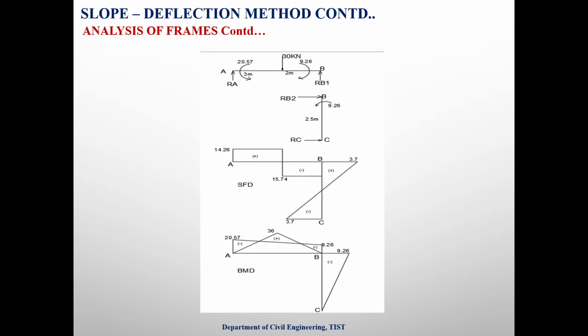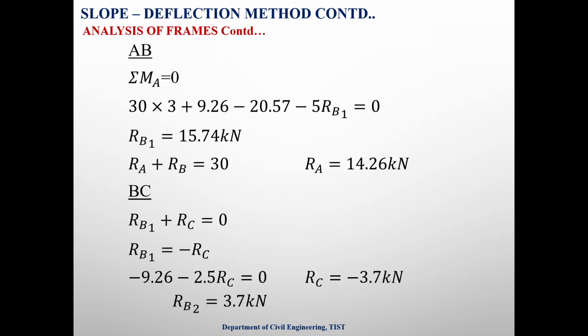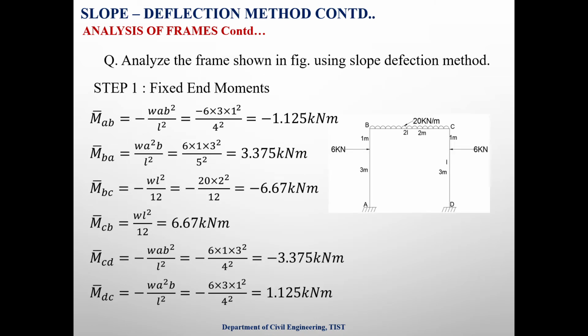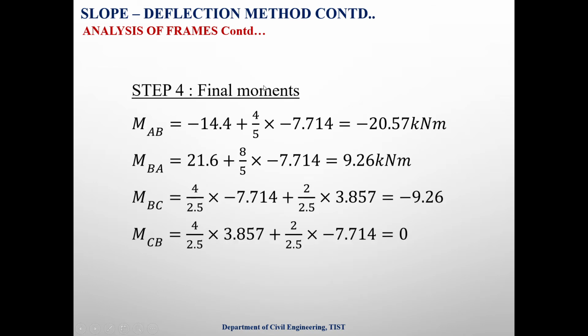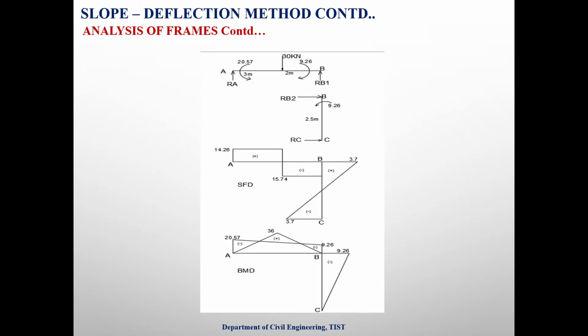In order to draw the shear force diagram, find all the support reactions by considering the external load and the support moments obtained in step number 4. Applying the equilibrium equations, we will get the values of RA, RB1, RB2 and RC. RA is in the upward direction. This load of 30 is in the downward direction.